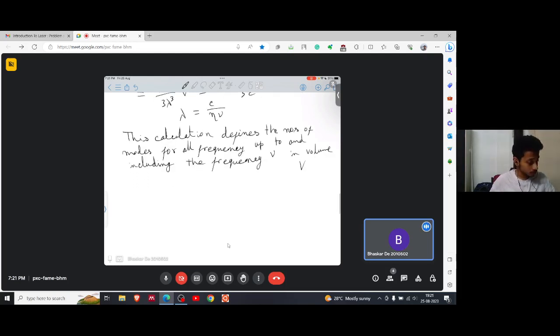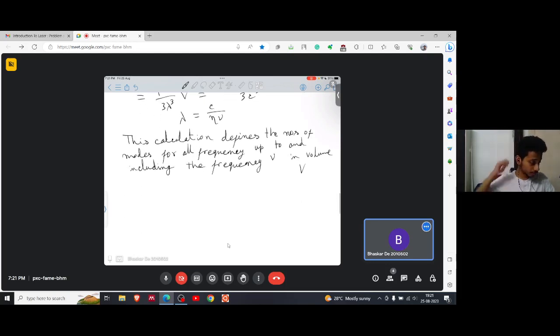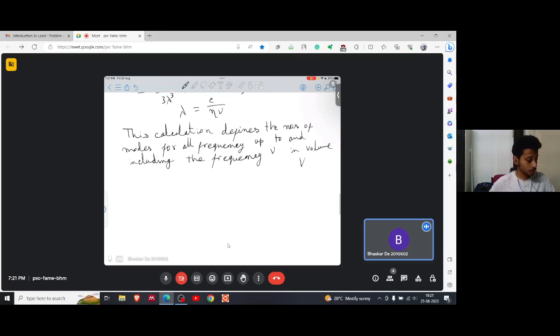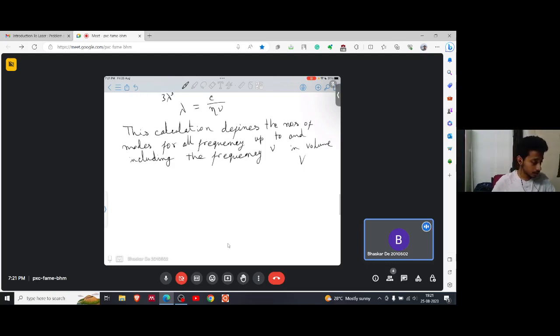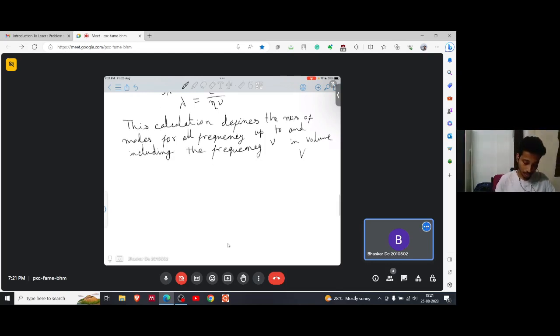Now, when we are talking about the electromagnetic wave, we know that an electromagnetic wave can have two orthogonal polarizations. For that reason the number of spatial modes will be doubled, so basically the total number of modes will be 2N.